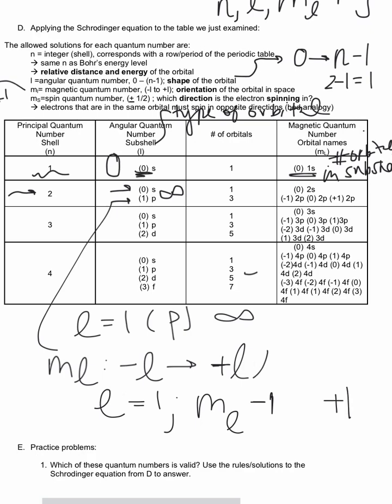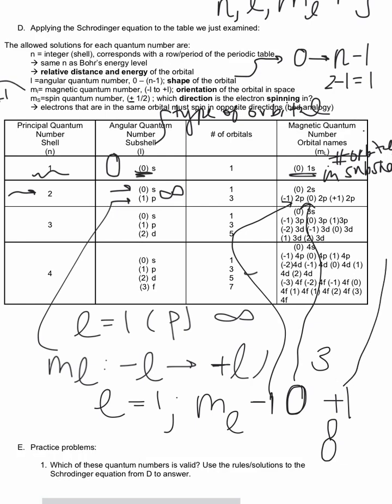It can also equal positive 1, and then we go through 0 to get between the two. So we can have a total of 3 p orbitals. And that makes sense because, as we'll talk about on Friday, we can have p orbitals that are oriented in different directions. Our negative 1 corresponds to one p orbital. Our 0 value for m sub l corresponds to another p orbital. And then our positive 1 would stand for our third.